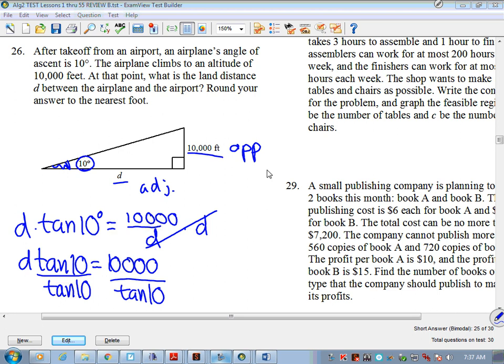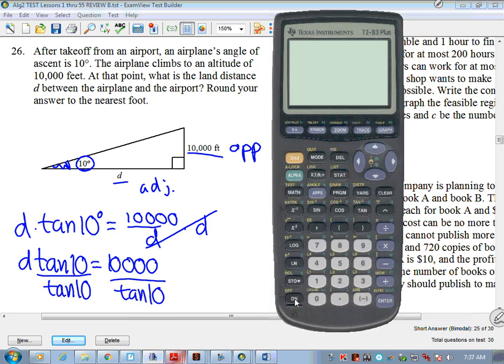Then I'm going to take my graphing calculator. The work that I need to see is right there, 10,000 divided by tangent 10, but I also want to see the process before that. I want to see that you know that tangent 10 degrees equals 10,000 over D.